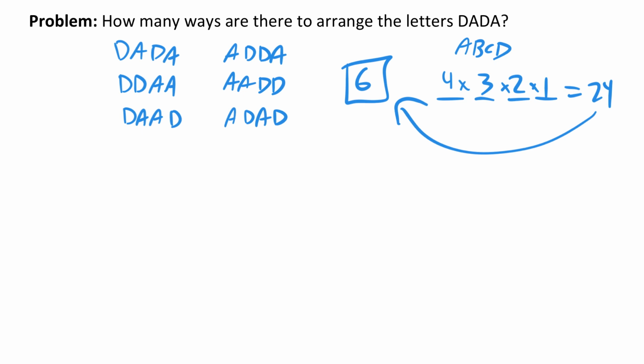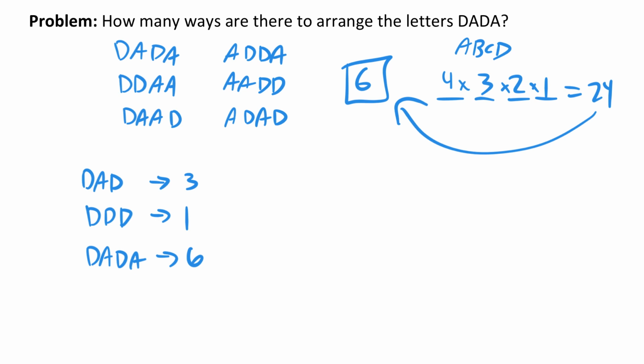But let's go back and let's write out what we have. If we have DAD, that gave us a total of 3 different options. If we had DDD, that gave us a total of 1. If we had DADA, that gave us a total of 6. So we have some data, and we're trying to find a pattern, a connection, a formula that would work for these options. Now, what I'm going to recommend is we start with the full version.